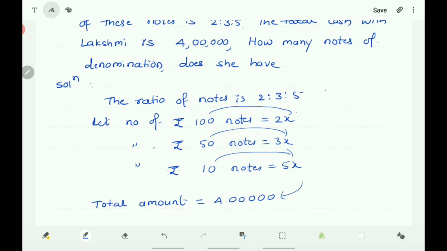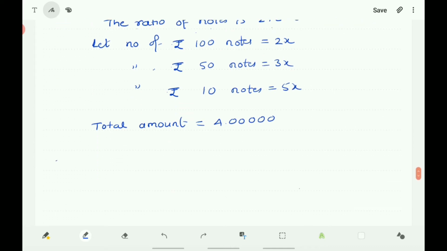Therefore, let us have that 100 into 2x plus 50 into 3x plus 10 into 5x is equals to 4 lakh.